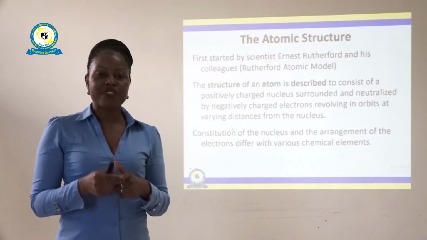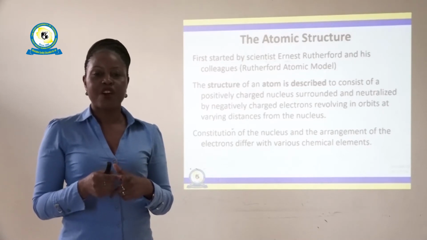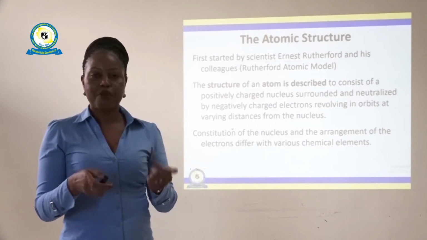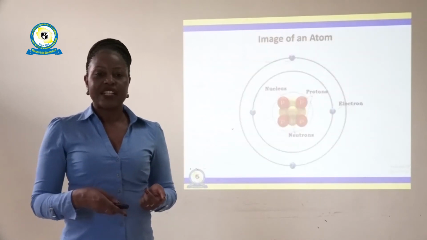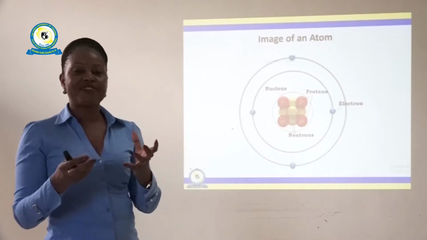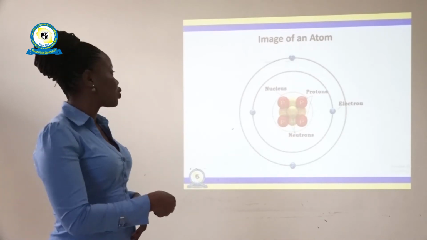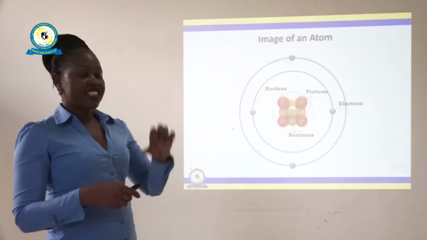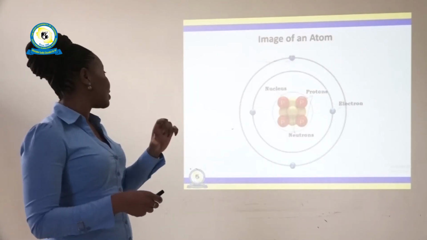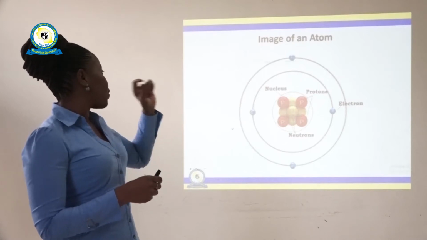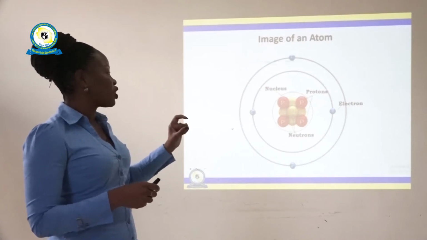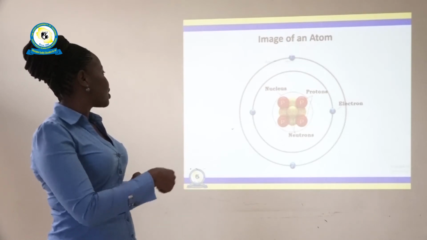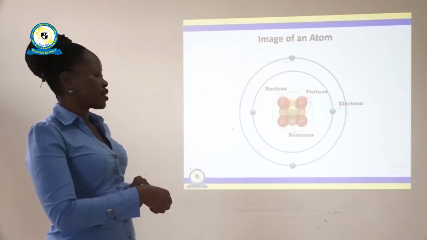So constitution of the nucleus and the arrangement of the electrons differ from one element to another. And therefore we can perceive the image of an atom as one having a central nucleus with protons and neutrons surrounded by electrons that are revolving in orbits.